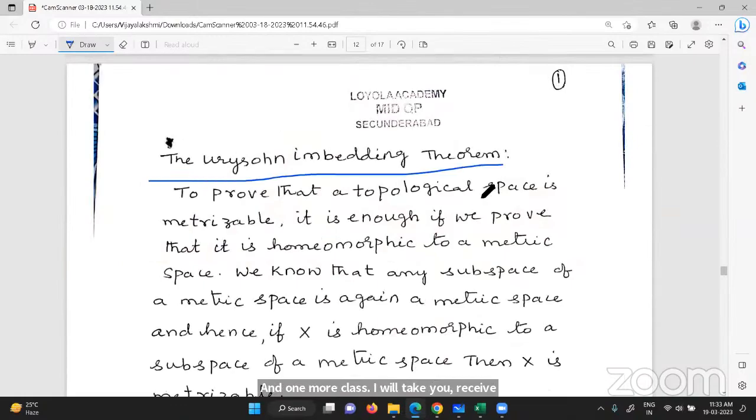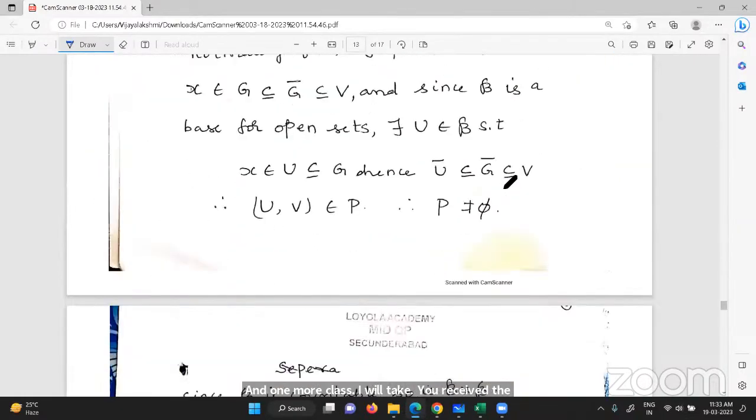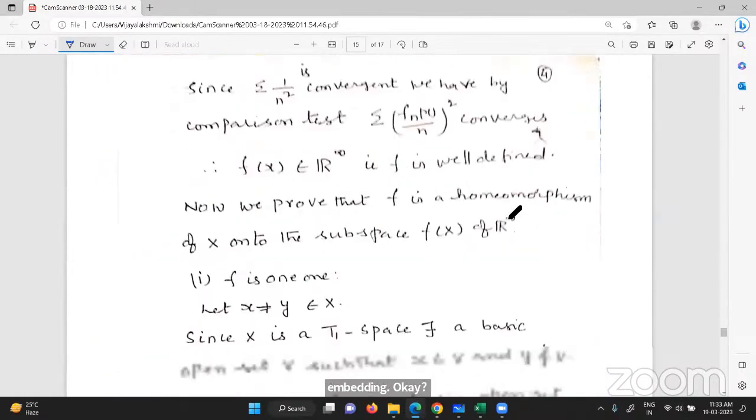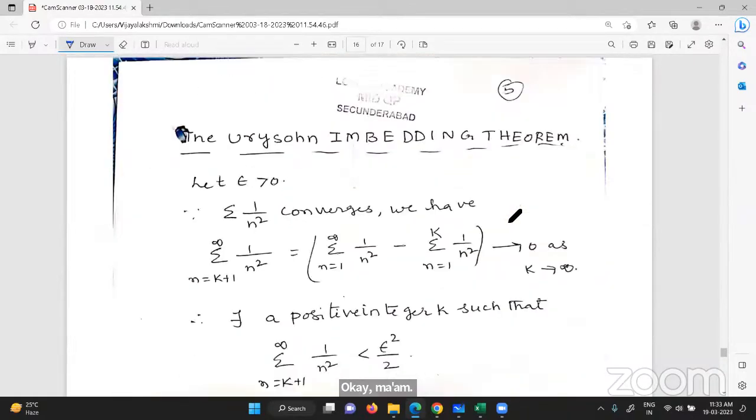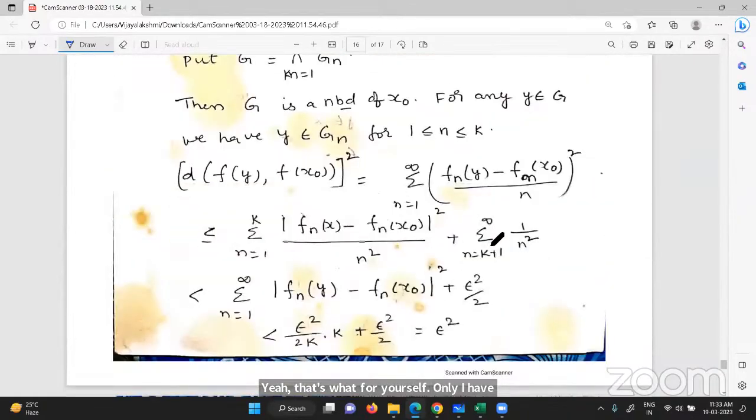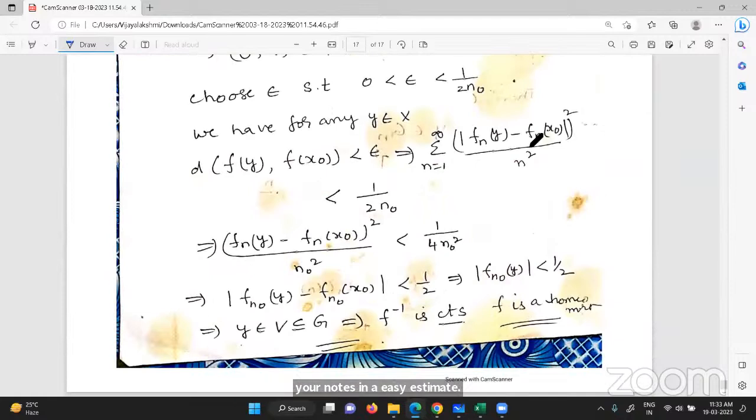That is what I have prepared your notes for, in the easiest way. Notes I will share on WhatsApp. Okay. Thank you. Shall I leave the class? Yes, ma'am. Thank you, ma'am.